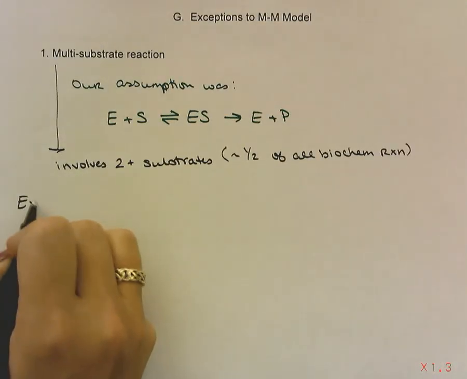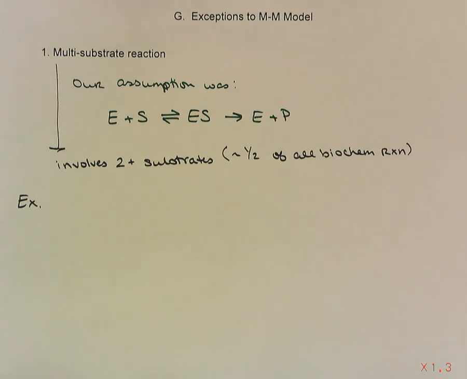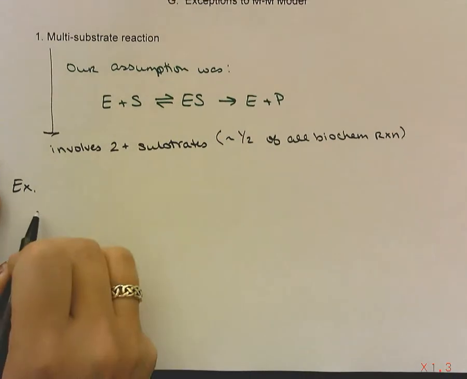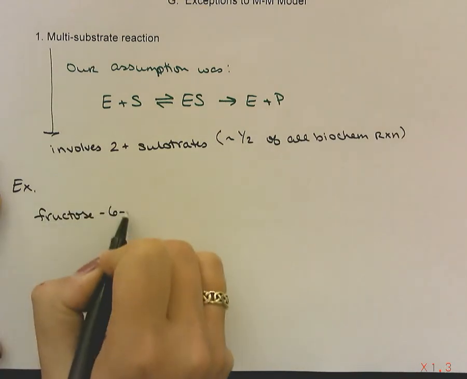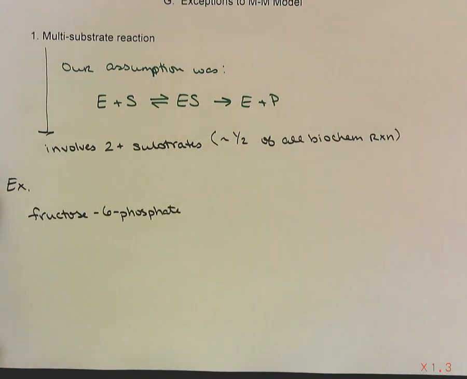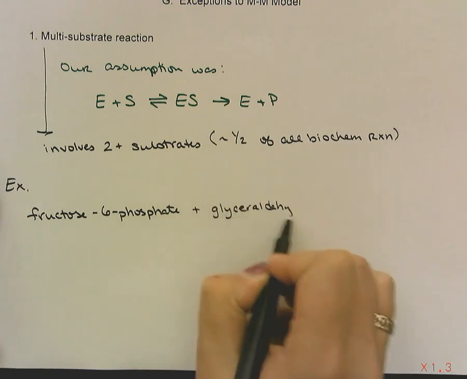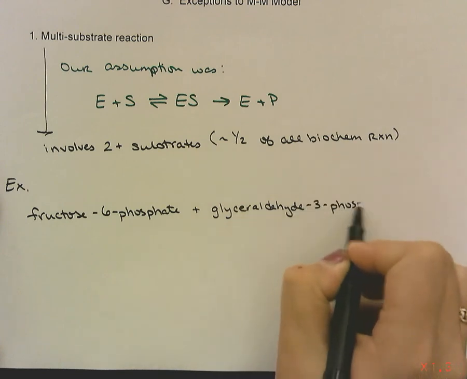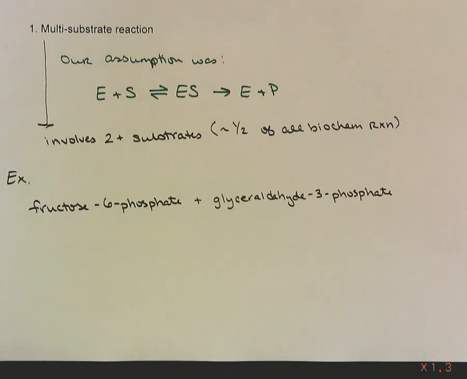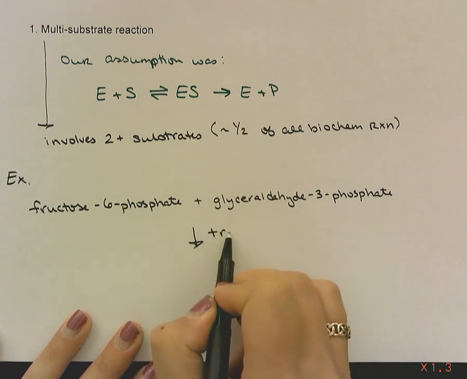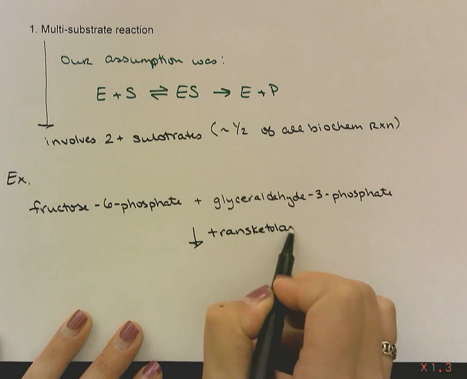An example that you are going to look at in a few weeks when we start looking at glycolysis: we have fructose 6-phosphate plus glyceraldehyde 3-phosphate, and they combine with the enzyme transketolase.